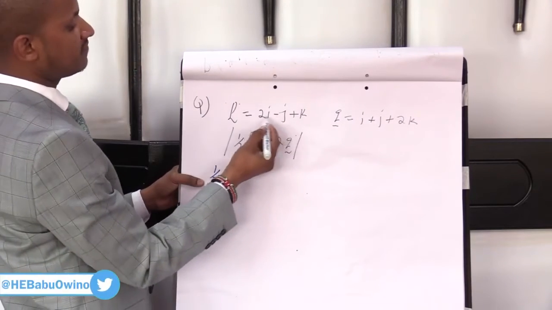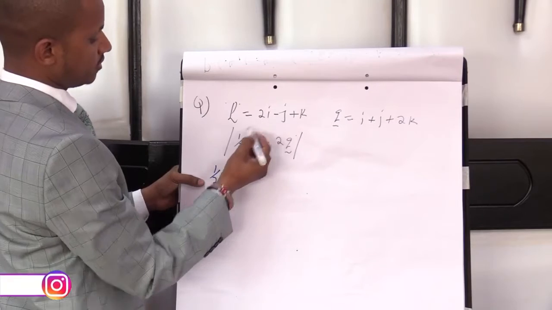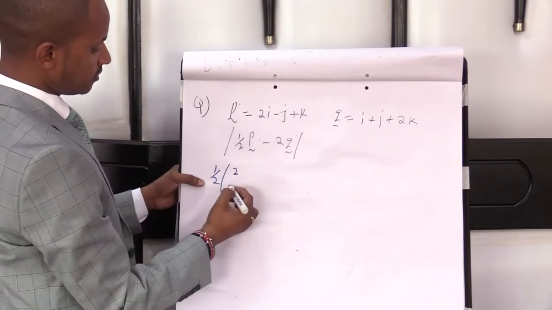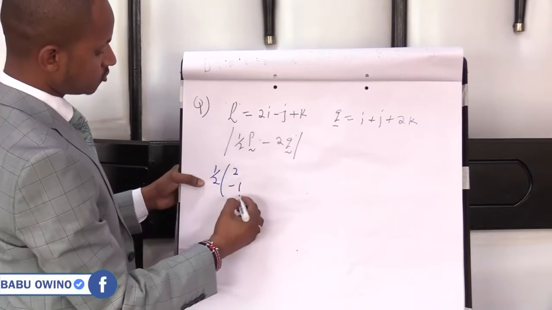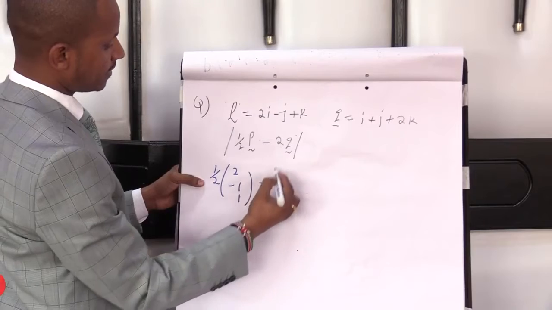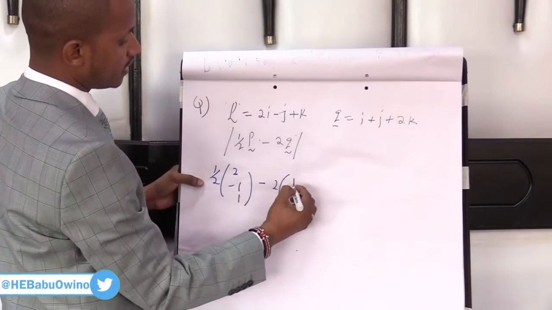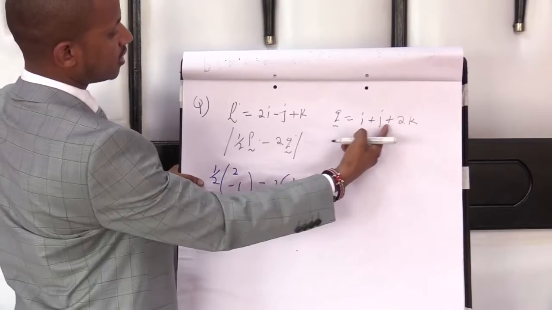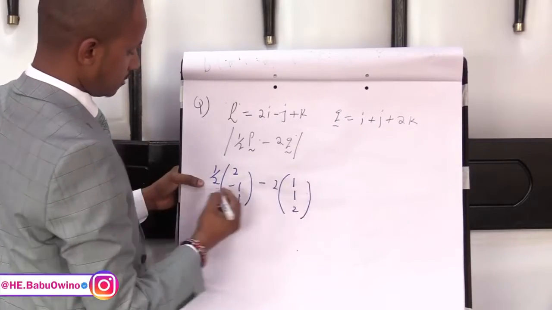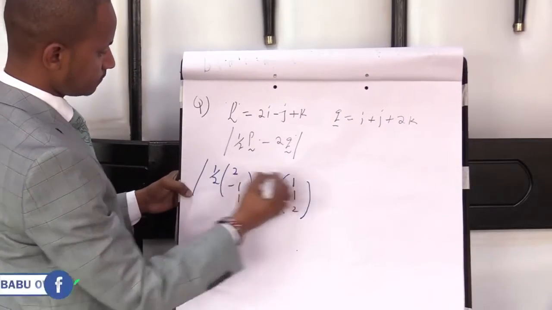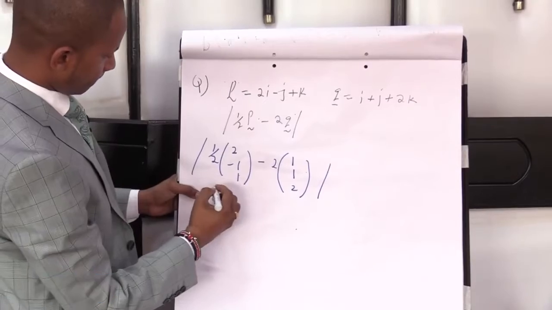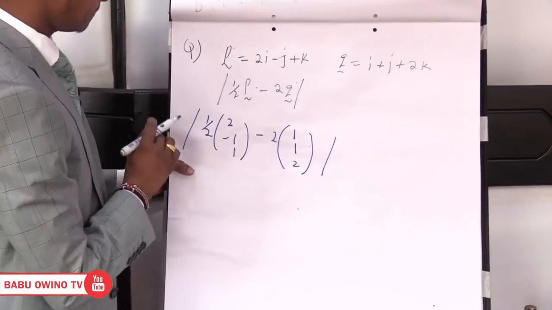Our P value is 2. Remember to write it in column vector form. 2i, which is 2, minus j, which is minus 1. Then k is also 1. Then minus 2 of Q. Our Q value is 1i, 1j, and 2k. So this comes to a half.